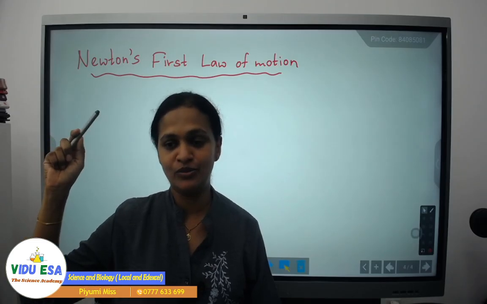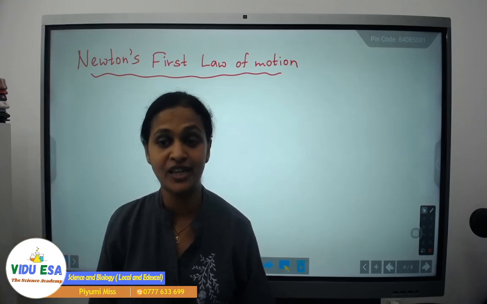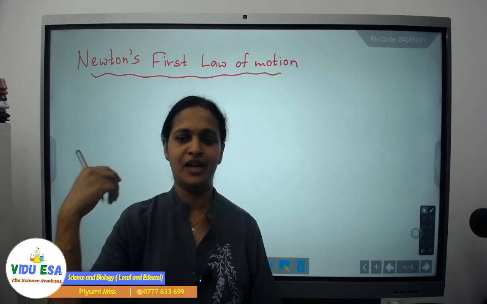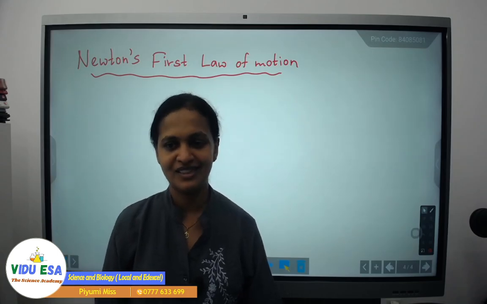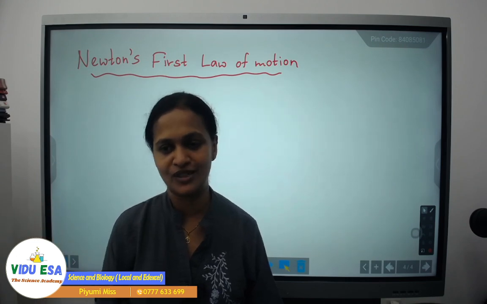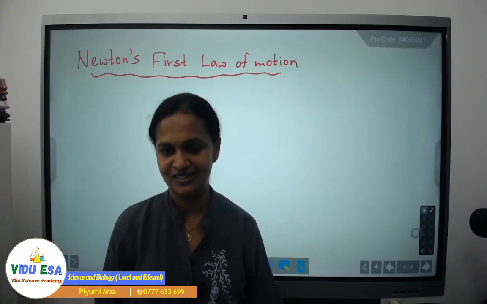In a moving object, if an unbalanced force is applied in the direction of motion, it will speed up. If the unbalanced force is applied opposing the motion, it will slow down. If there is no unbalanced force, according to Newton, it will move in a uniform velocity, right?